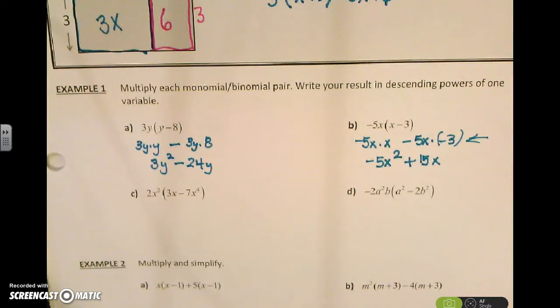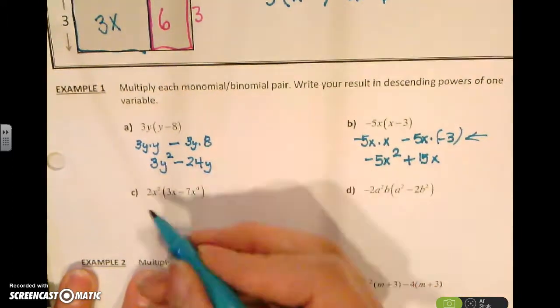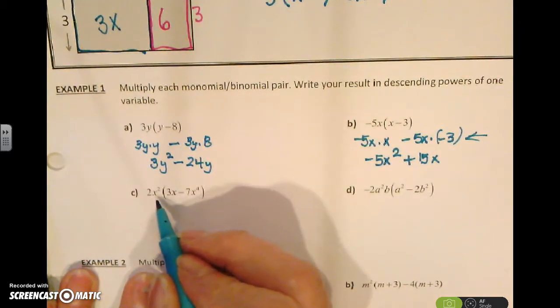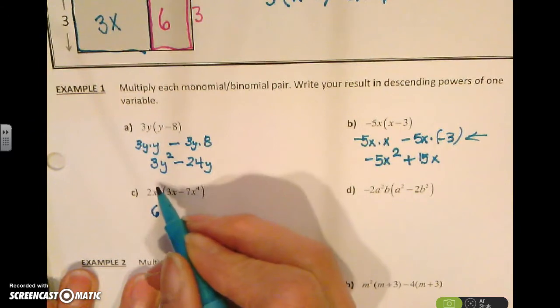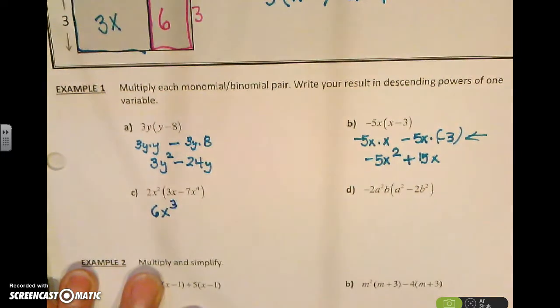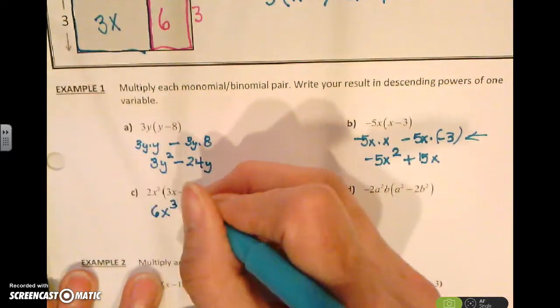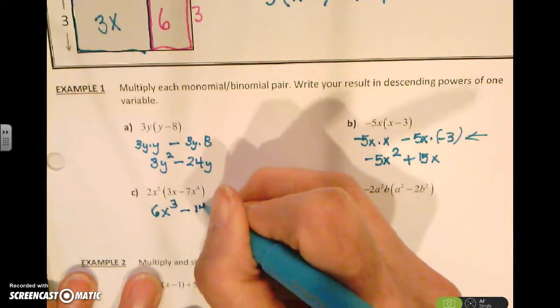So let's do one more. We'll do this one over here. So this time when I multiply 2x squared times 3x, I get 6. X squared times x, I add the exponents 2 plus 1 and get x to the third. And then positive times a negative is negative. 2 times 7 is 14.